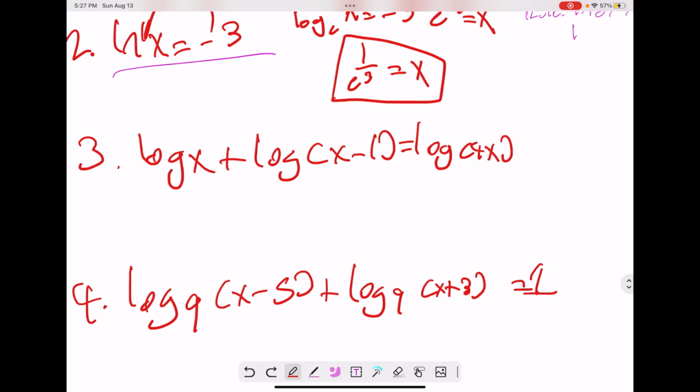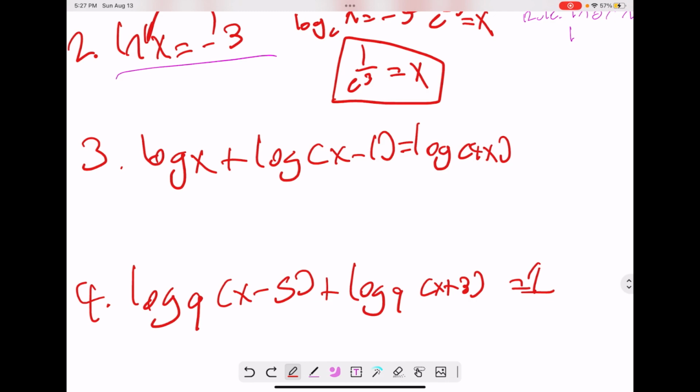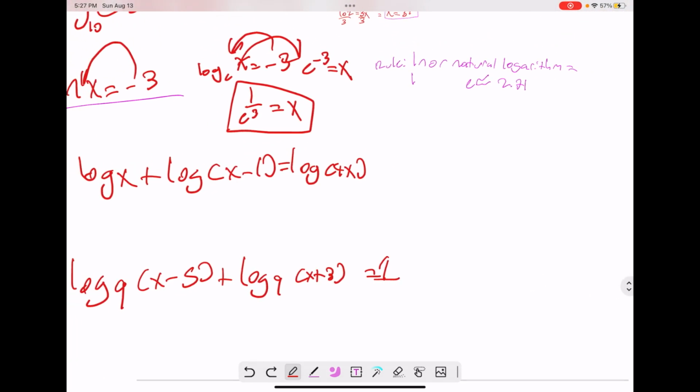What you want to do is, whenever you see a plus sign, so there's another rule. This rule is log of x plus log of x is equal to log of x times x.